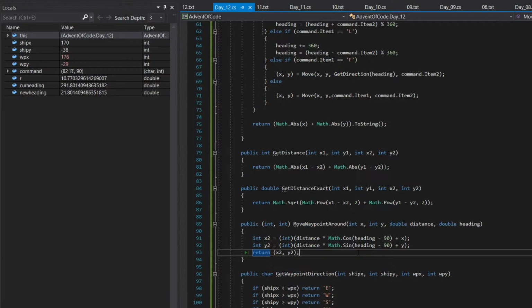So it should move from 291 degrees from the ship to 21. What am I doing here?